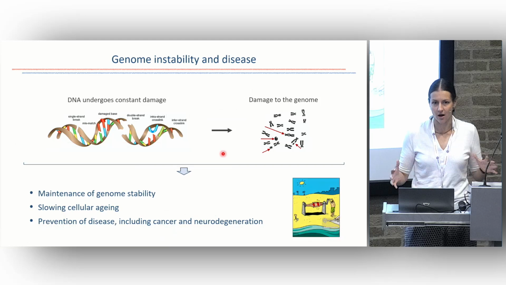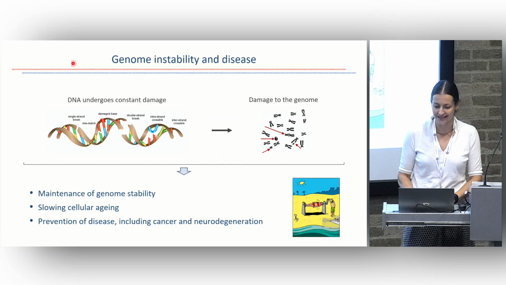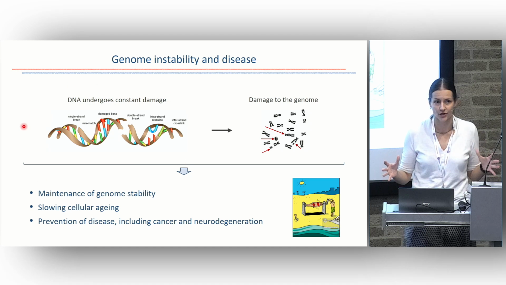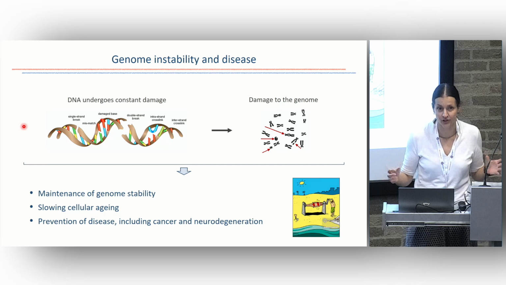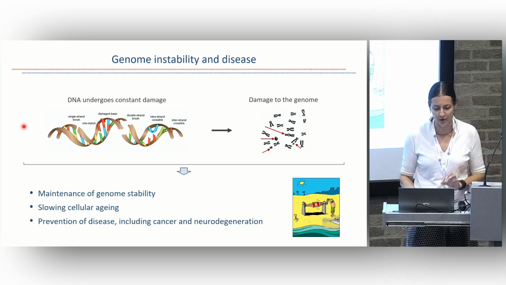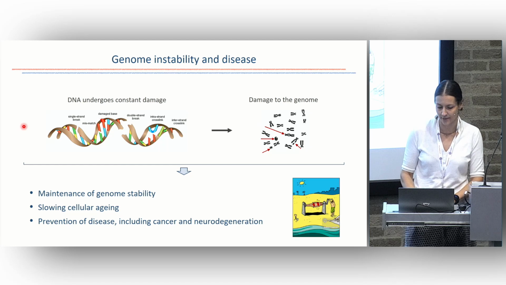Just to start by reminding you that DNA is inherently unstable, and the result of this instability is the formation of tens of thousands, up to 100,000, DNA lesions of completely different chemical nature per cell per day.